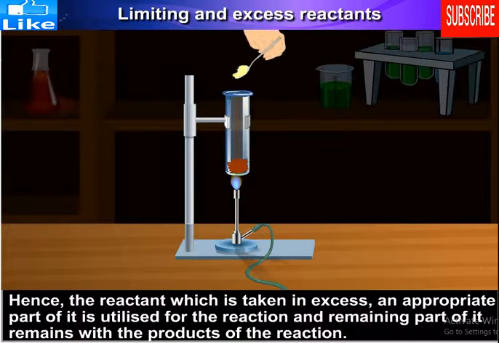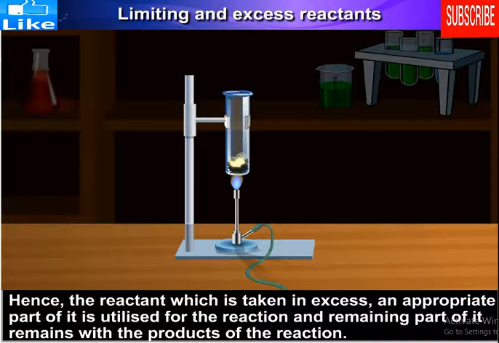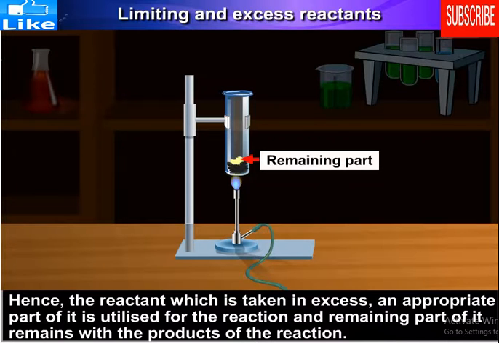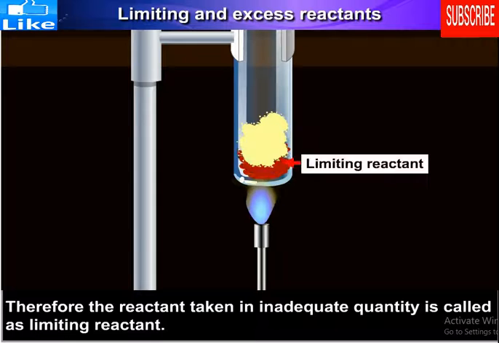Hence, for the reactant which is taken in excess, an appropriate part of it is utilized for the reaction, and the remaining part of it remains with the products of the reaction. Therefore, the reactant taken in inadequate quantity is called the limiting reactant.